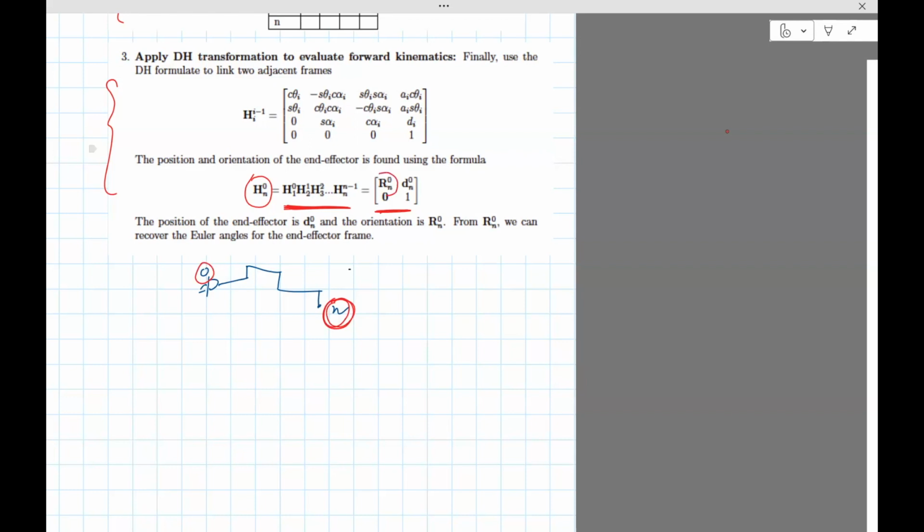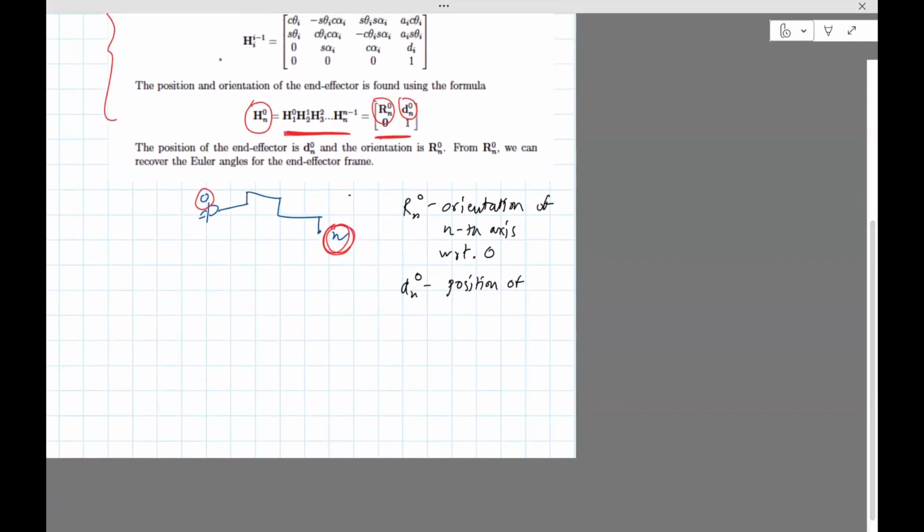That is captured here and here. R n 0 gives you the orientation of the nth axis with respect to 0, and D n 0 is the position of the nth axis with respect to 0.